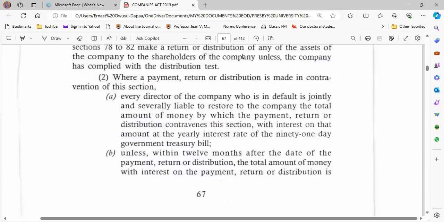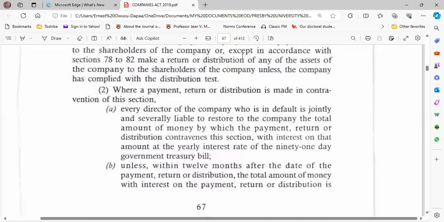Now, where that distribution test is not met, and the company goes ahead to distribute dividends, there are consequences. And what are those consequences?